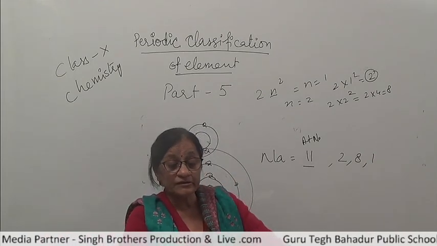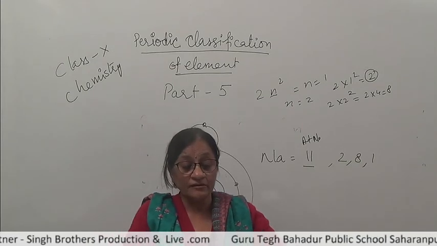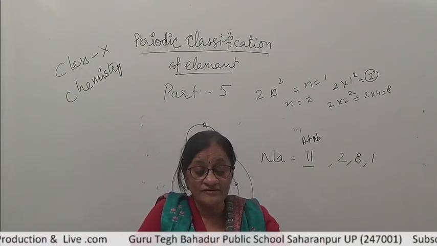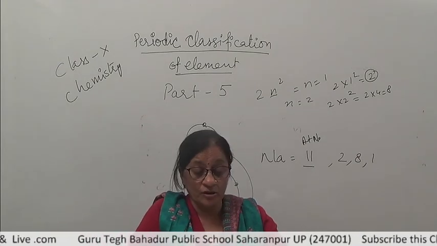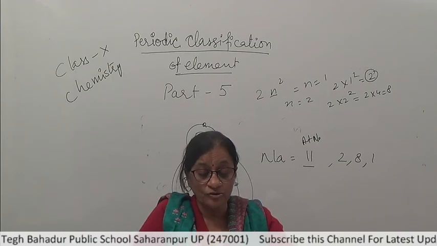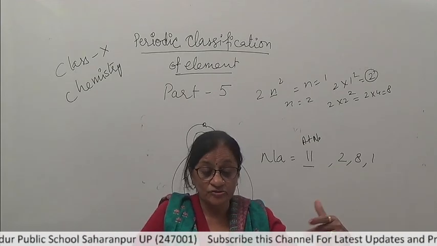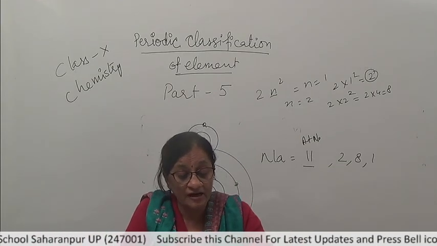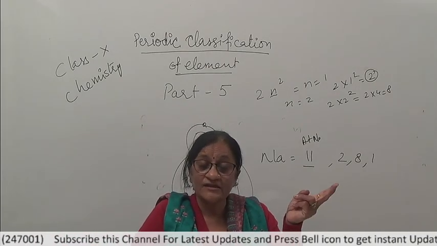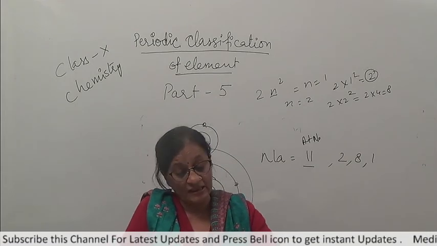Each period starts with group 1, which is also called alkali metals, and ends with group 18, the noble gas group. The first period has only one shell and 2 elements, hydrogen and helium, with only the K shell.